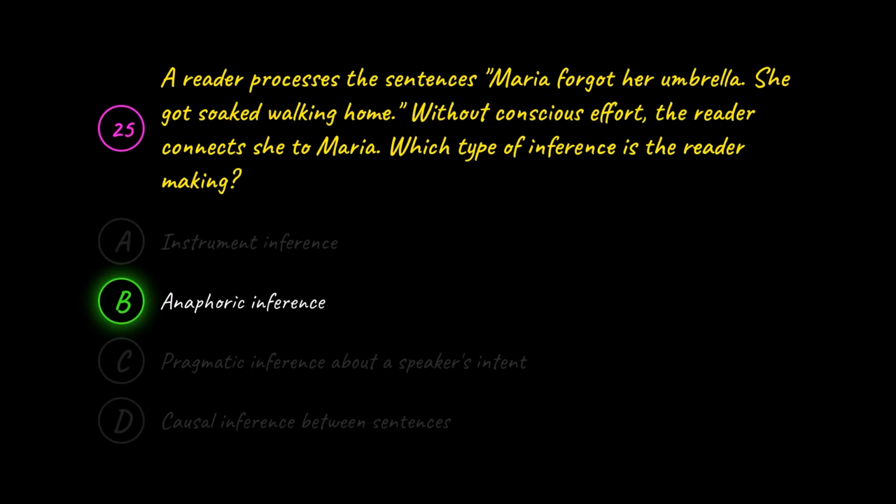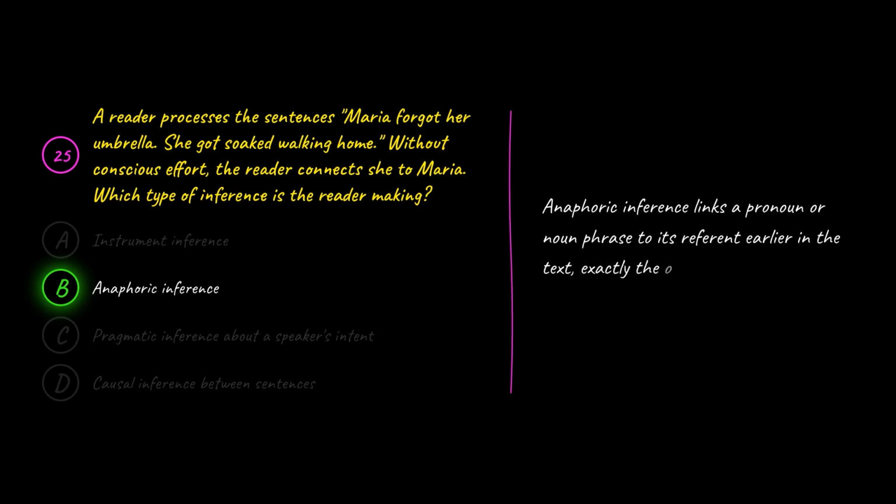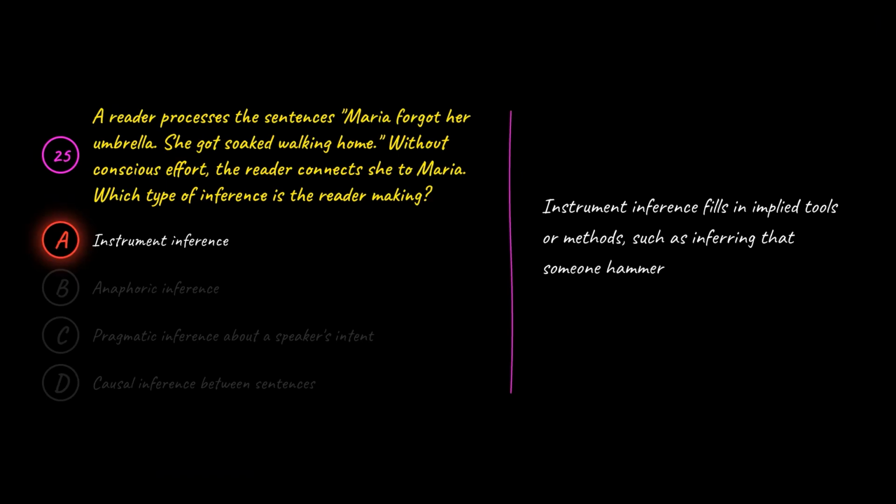The correct answer is B. Anaphoric inference. B is correct because anaphoric inference links a pronoun or noun phrase to its referent earlier in the text, exactly the operation that ties she back to Maria. A is wrong because instrument inference fills in implied tools or methods, such as inferring that someone hammered a nail with a hammer, not pronoun resolution.